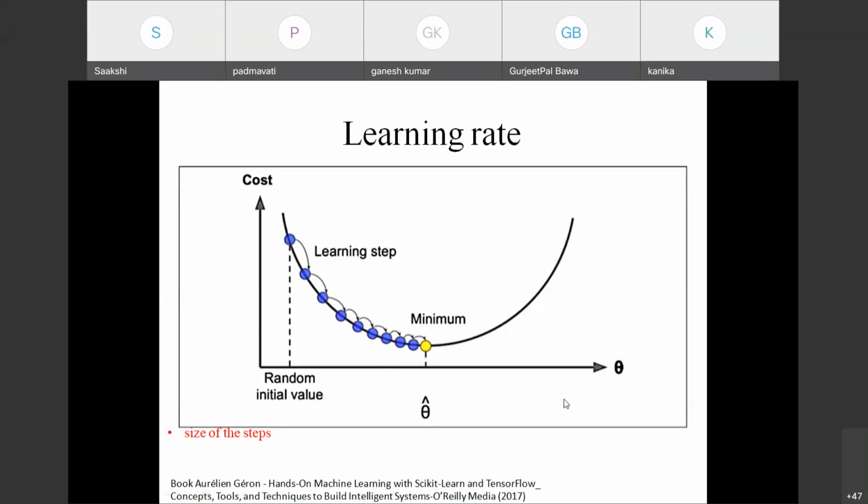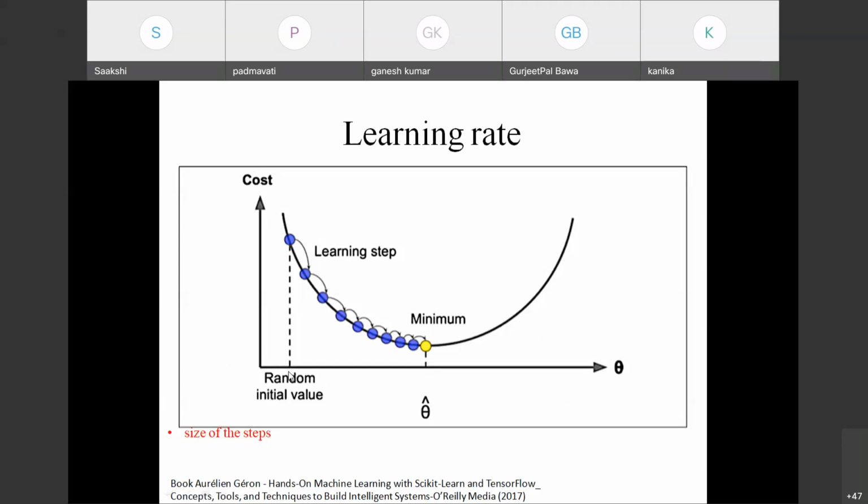On the x-axis, I'm just initializing some parameter values, W1, and adjusting it in each iteration, whereas on the y-axis I have the cost associated with it. For example, I initialize W1 with this particular random initial value.